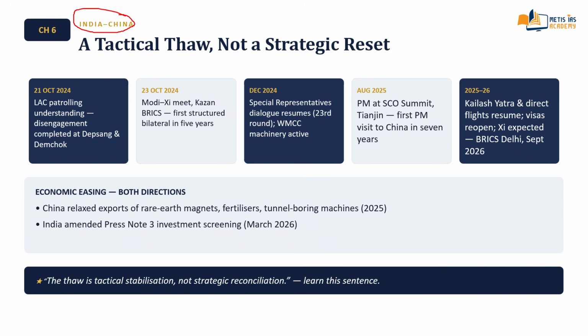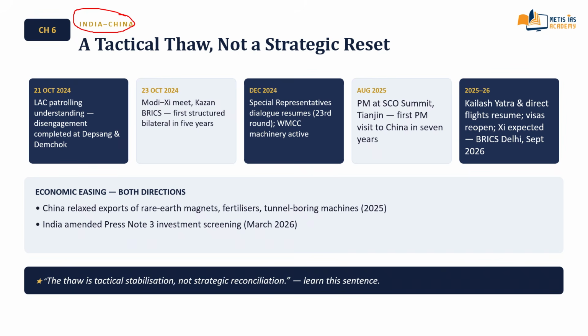This is important. Many students describe the relationship only as rivalry. Others describe it only through economic engagement. But those approaches are incomplete. The reality is more complex.